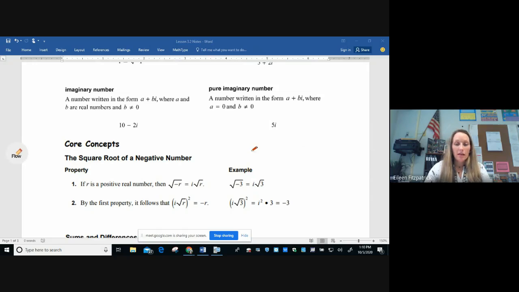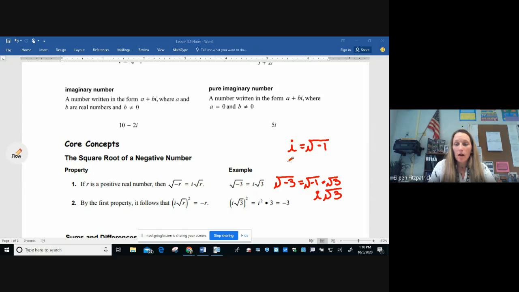The reason is that you can rewrite the square root of -3 as the square root of -1 times the square root of 3. Since we discussed in the vocabulary that the square root of -1 is i, you're left with i root 3.